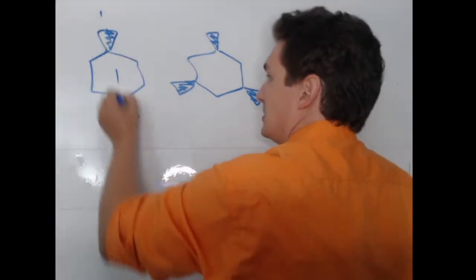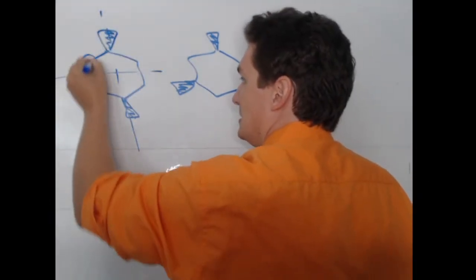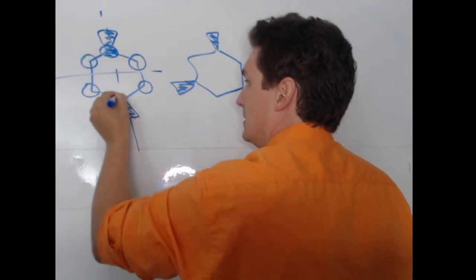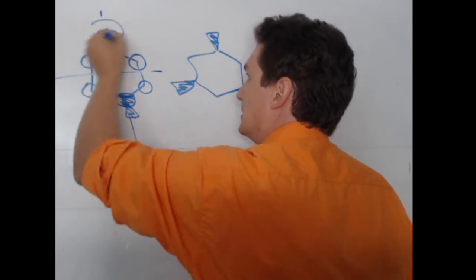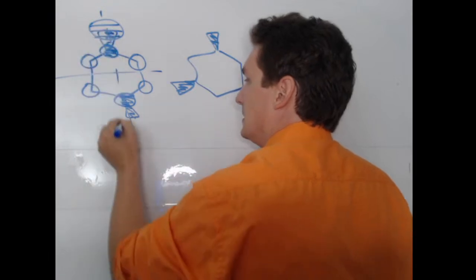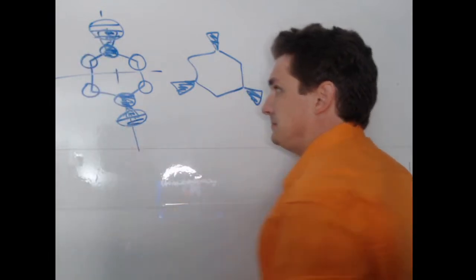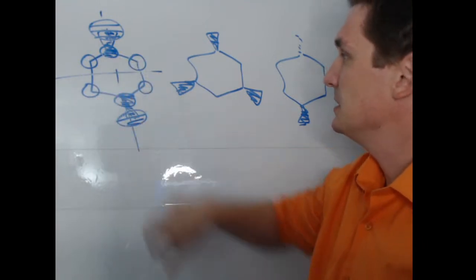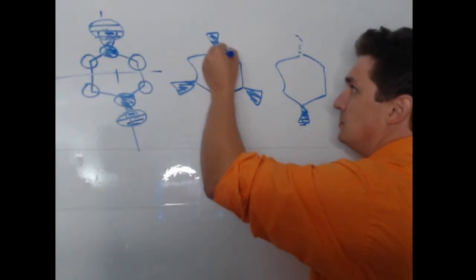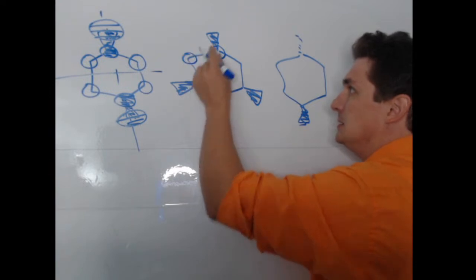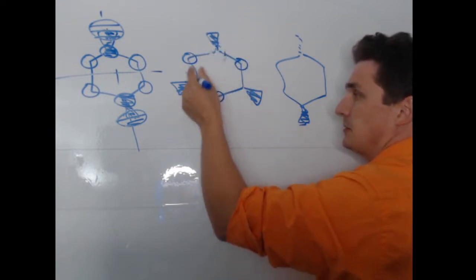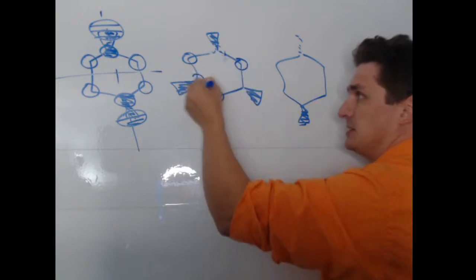So if we look at it, we've actually got two mirror planes in this one. So these are the same. These are the same. And these are the same carbons. So here we've got three signals. 1, 2, 3 signals. If you look at this one, we have 1, 2, 3 carbons that all look the same by rotation.